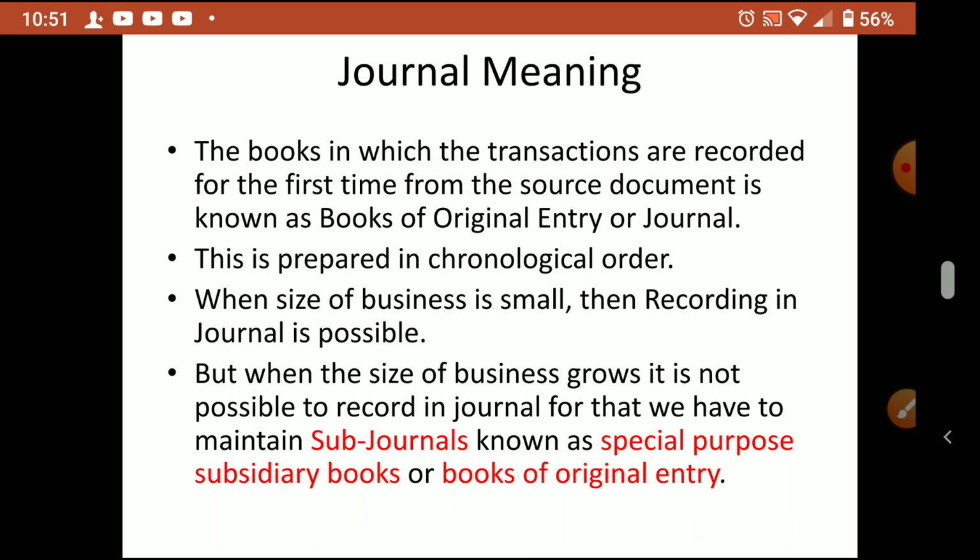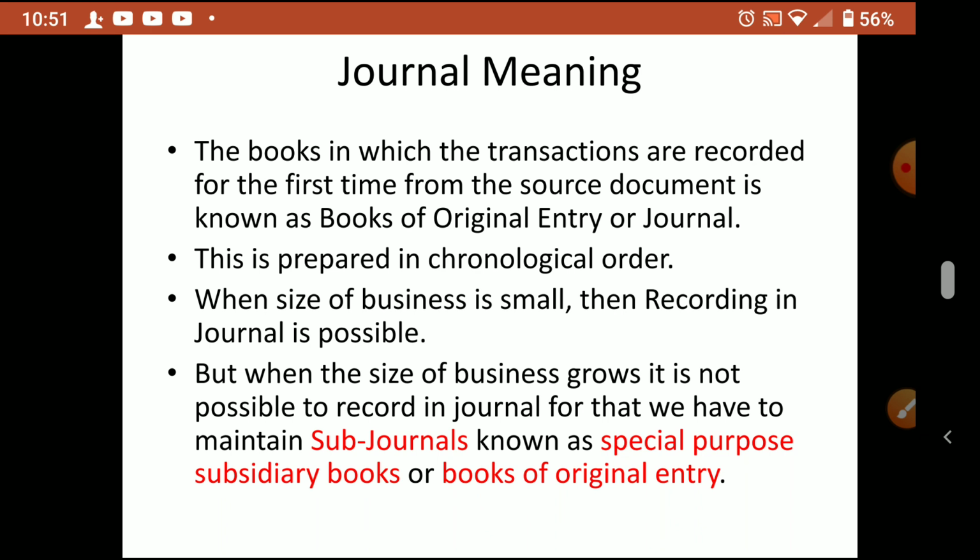So cash book is a journal, purchase book is a journal, sales book is a journal. When you maintain cash book, purchase book and sales book separately, that fulfills the purpose of journal. No need to write it separately every day, you can directly put it inside that sales book, purchase book or cash book.